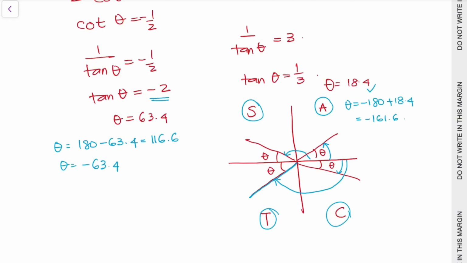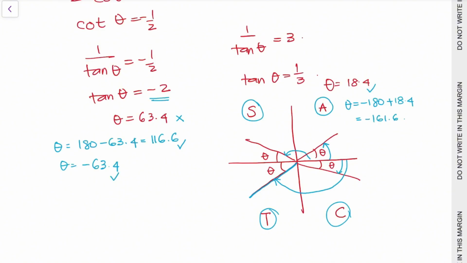Okay, let's check again. 63.4. Now you have to indicate that this is not it. You can just put a small cross over there. Alright, 116.6, yes, it is within the range. And negative 63.4 is also within the range.